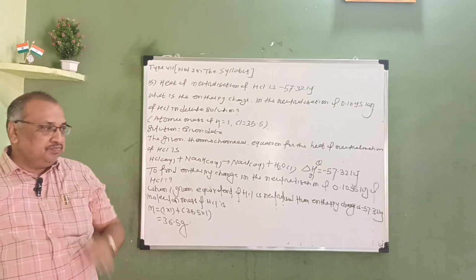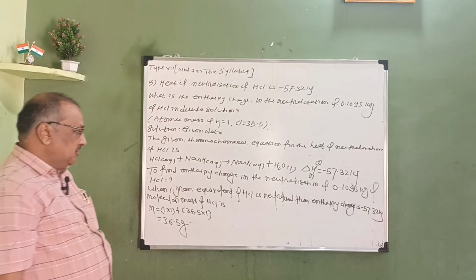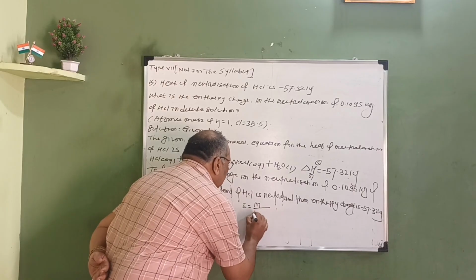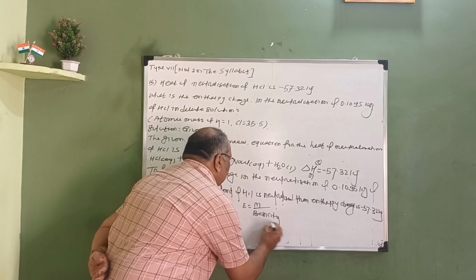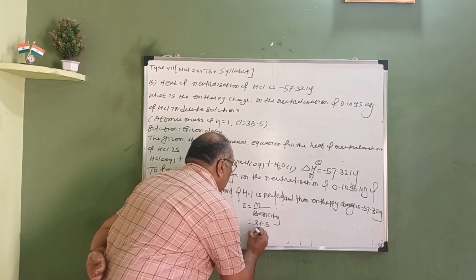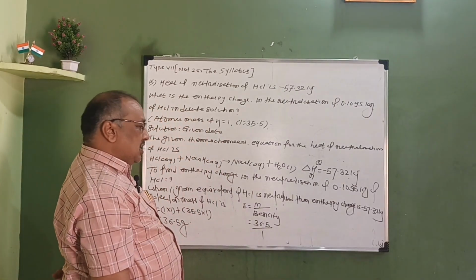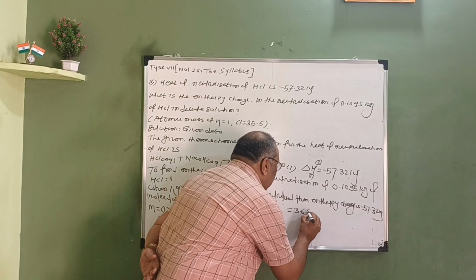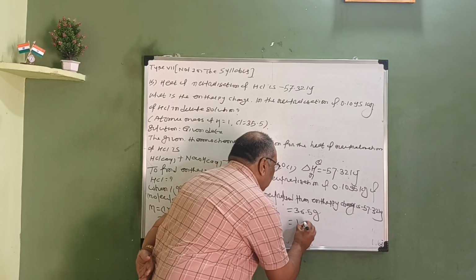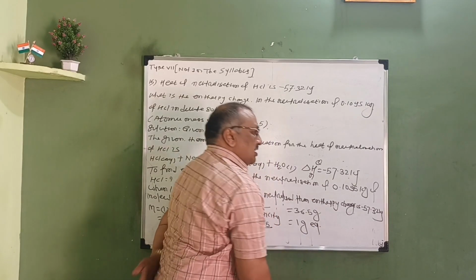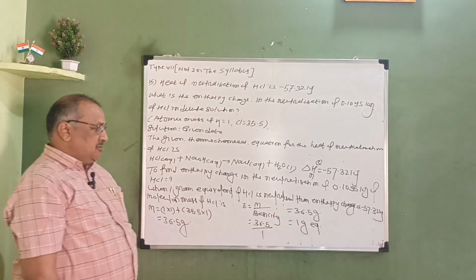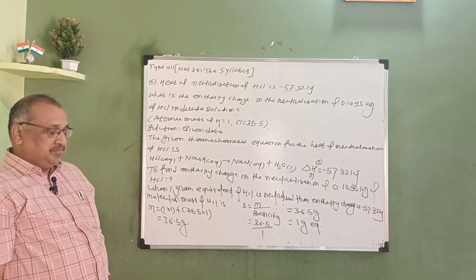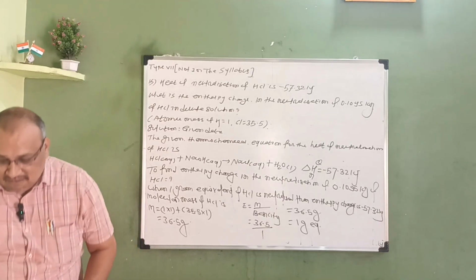Now calculate the equivalent mass. Equivalent mass is equal to molecular mass upon basicity. That means 36.5 upon 1, because one hydrogen atom is there, and hence which is equal to 36.5 gram, and which is nothing but the 1 gram equivalent. That means here 1 gram equivalent of HCl means 36.5 gram of HCl.